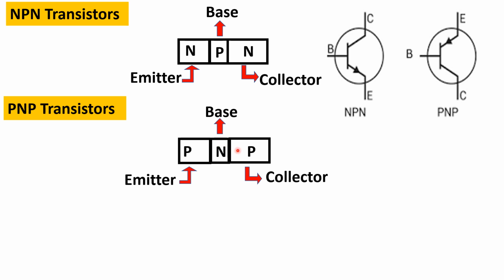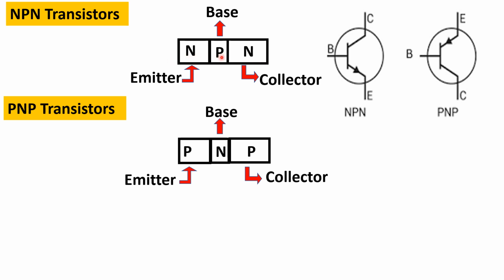In terms of doping, the amount of impurities that is mixed into a semiconductor material such as silicon or germanium, in the case of NPN transistors, we say that the dominant charge carriers are the electrons, inasmuch as the emitter and the collector are both N-type materials. So electrons are the majority charge carriers.